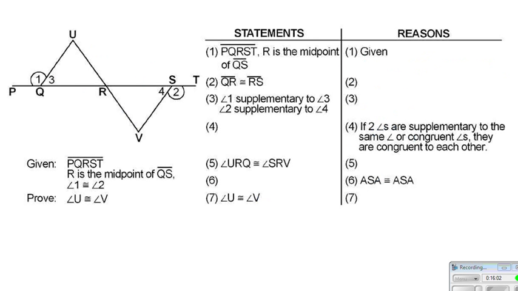All right, let's move on to the next question. Last question here. So this is a straight line, PQRST, and R is the midpoint of QS. That makes this line segment equal to this line segment. And angle 1 is congruent to angle 2. And we need to prove that angle U and V are congruent. So QR and RS are congruent.